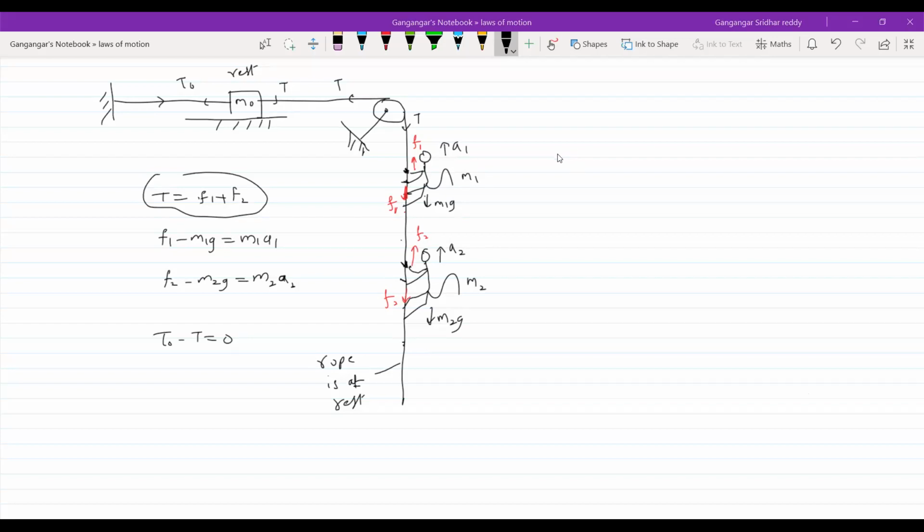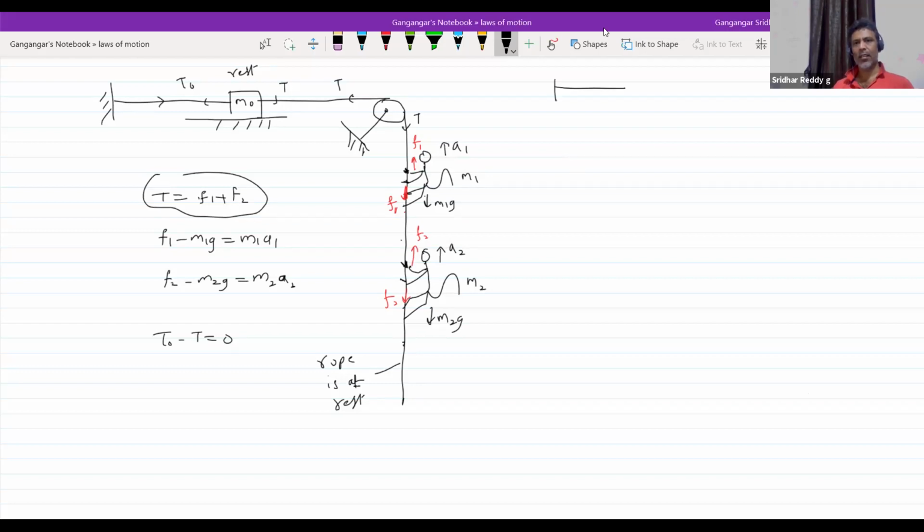Is it okay? Now, if one of the monkeys moves down, in that case, what do you do? Let me just wind up the case here only. I'm just giving a generalized idea for you so that you can manage any numerical easily.